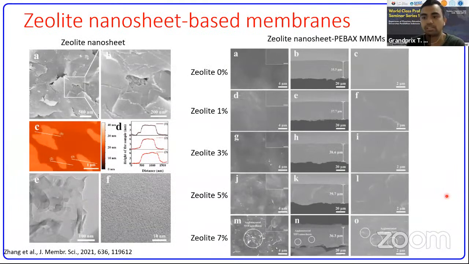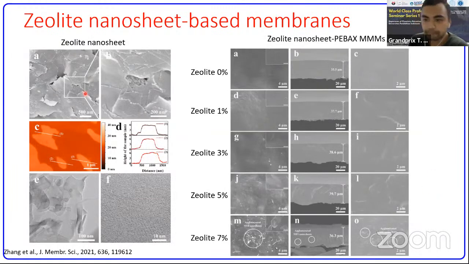And the last one is zeolite nanosheet-based membranes. Actually, the MOF and COF can also be incorporated as nanosheet membranes or nanosheet fillers, but I would not include them in this talk because it has been well covered by Witri.